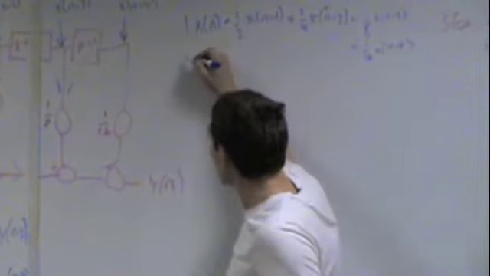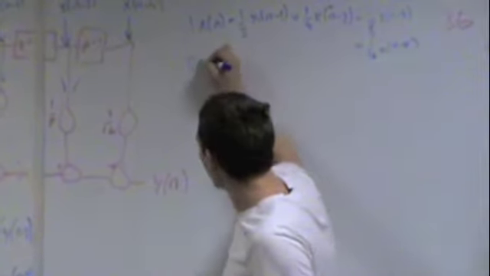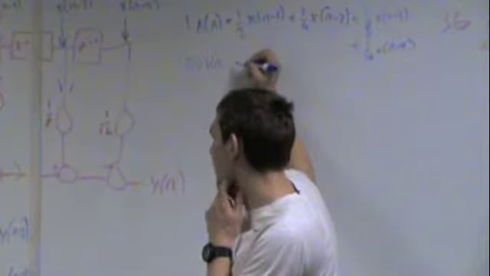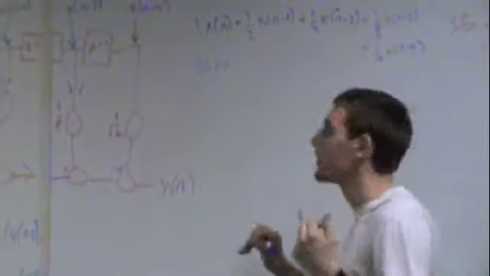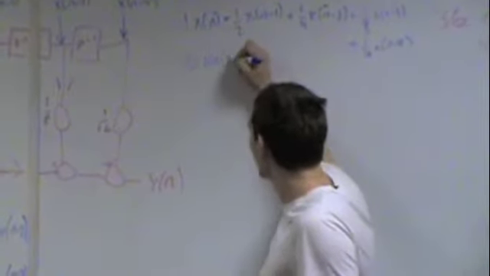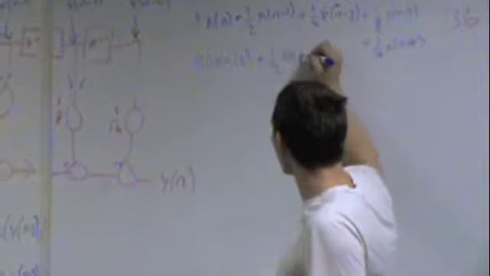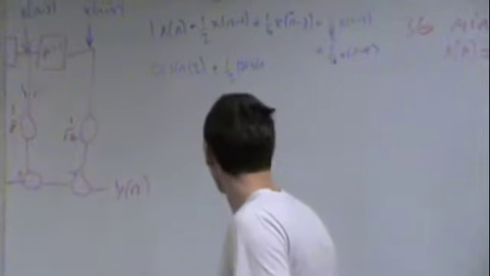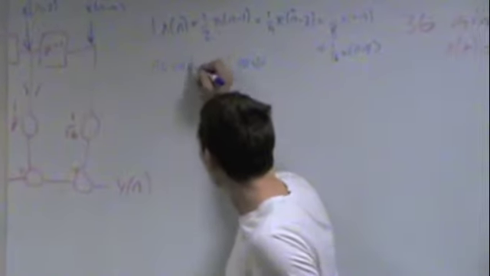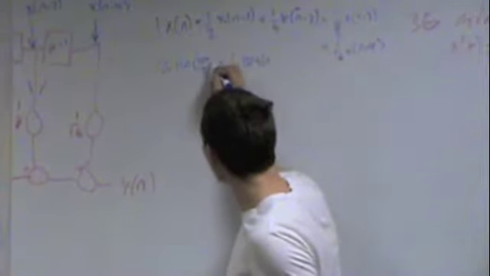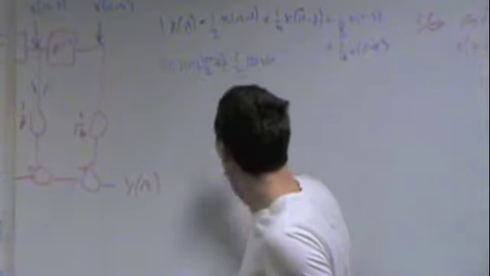So x of n is equal to 120 sine 3 pi n over 2. So we take 1 times 120 sine of, oh, we're doing it at 2, right? So sine of 3 pi over 2 times 2, which is just 3 pi.